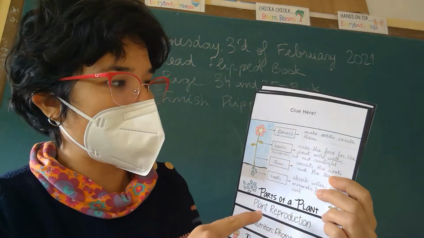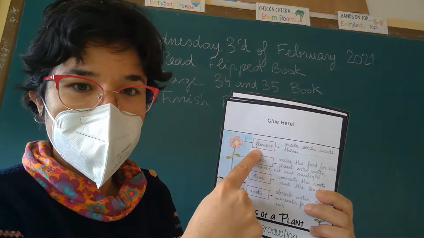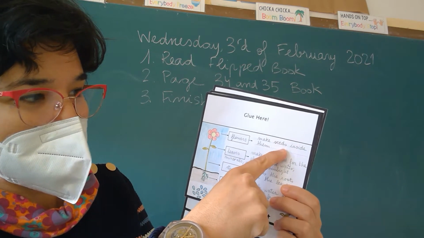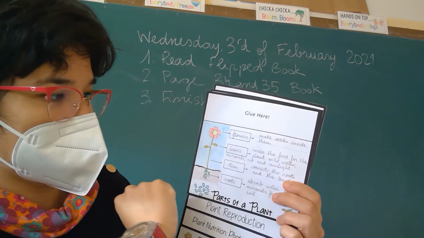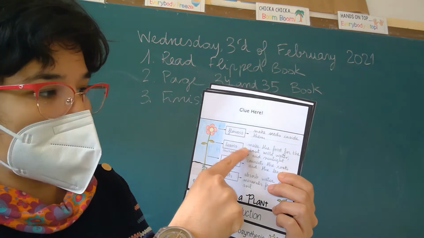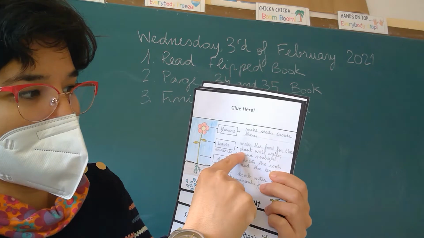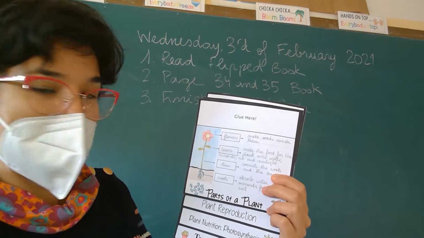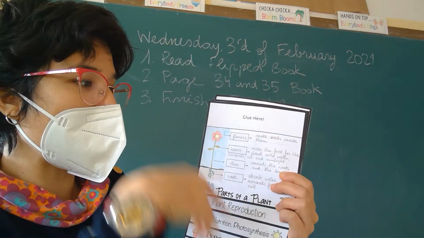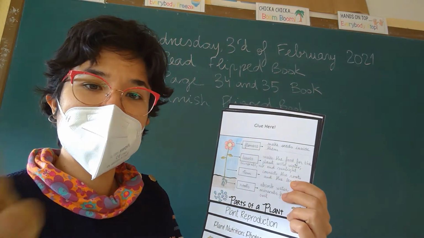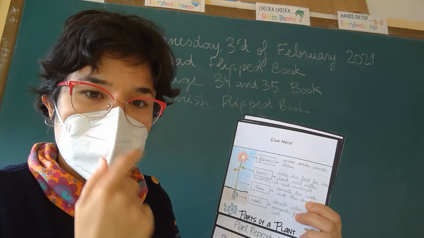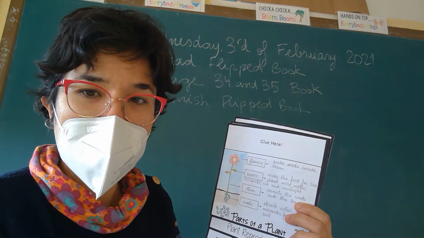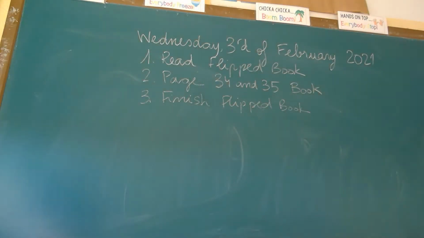Parts of a plant. Repeat. Flowers. Flowers make seeds inside them. Leaves make the food for the plant with water, minerals, air, and sunlight. Stem, repeat with me. Stem connects.